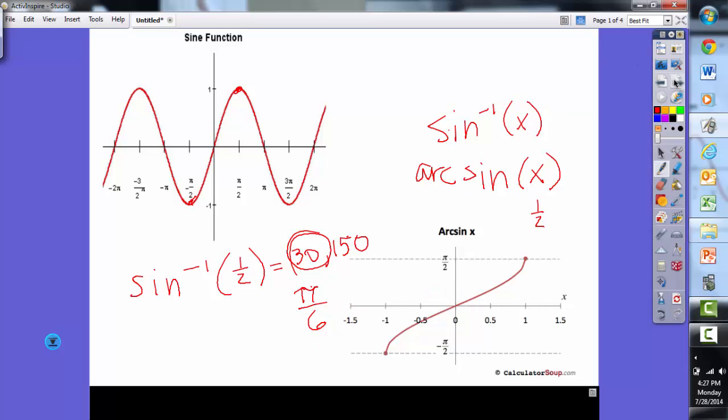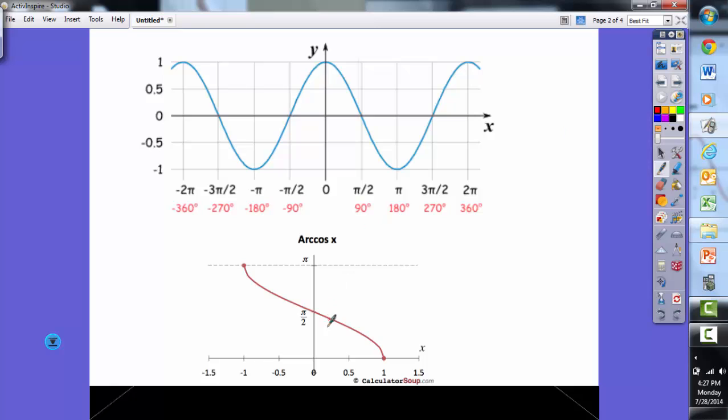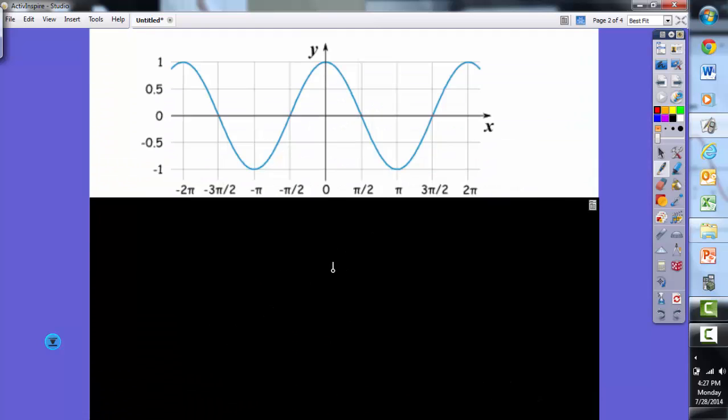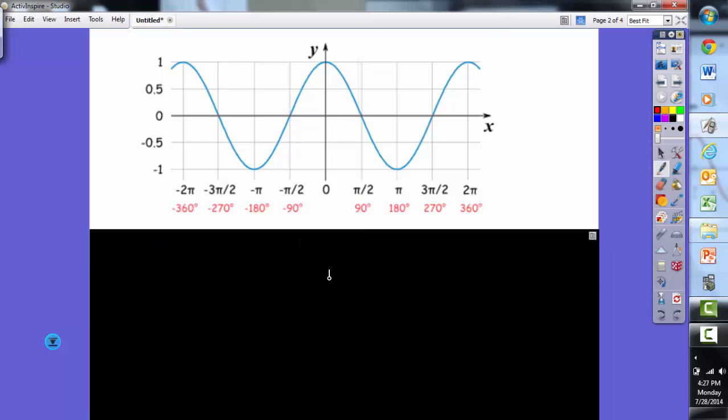Okay, let's look at the next one. Okay, this is the cosine function. Again, it goes through 0, 1, pi -1, 2 pi 1, and it crosses 0 at pi over 2 and 3 pi over 2. Again, this is not a one-to-one function. It would not pass the horizontal line test, but it is one-to-one from 0 to pi.